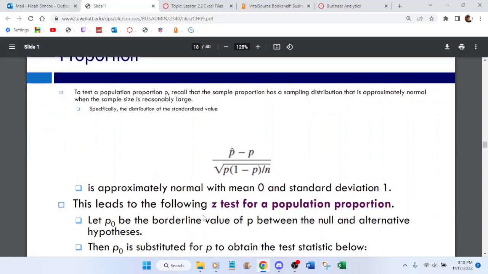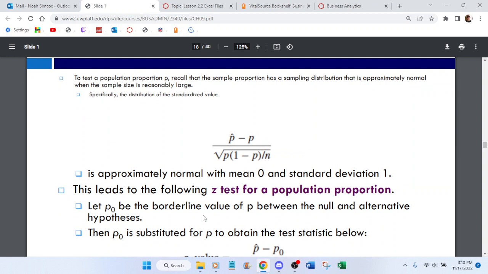To test a population proportion p, recall that the sample proportion has a sampling distribution that is approximately normal when the sample size is reasonably large.